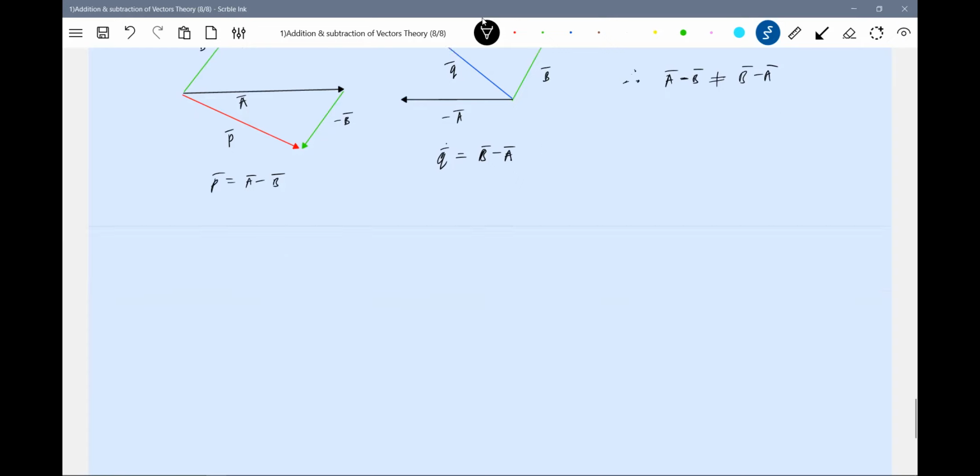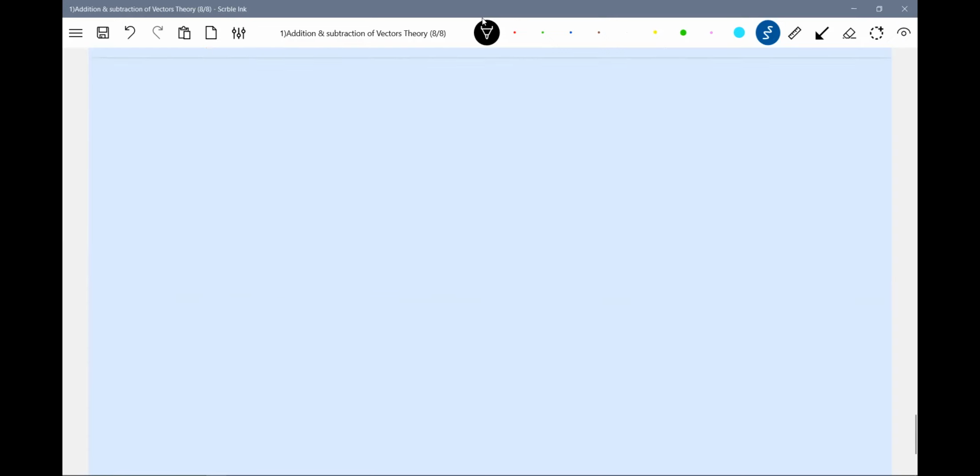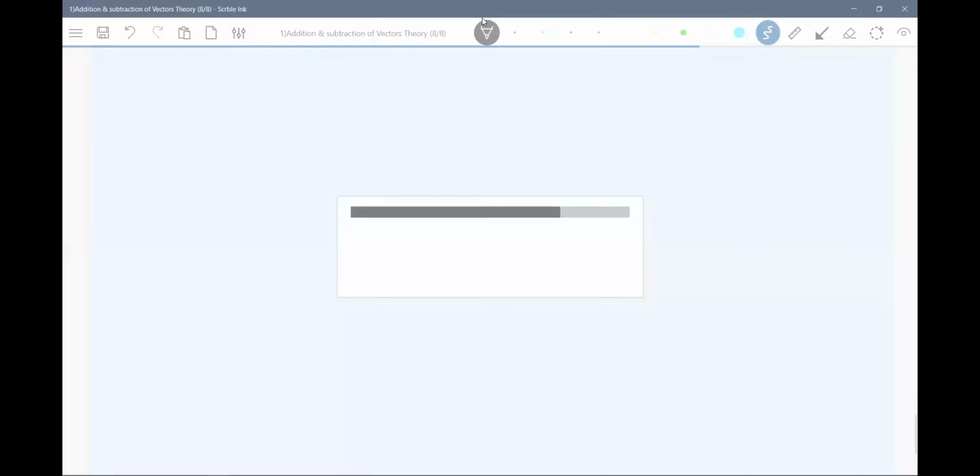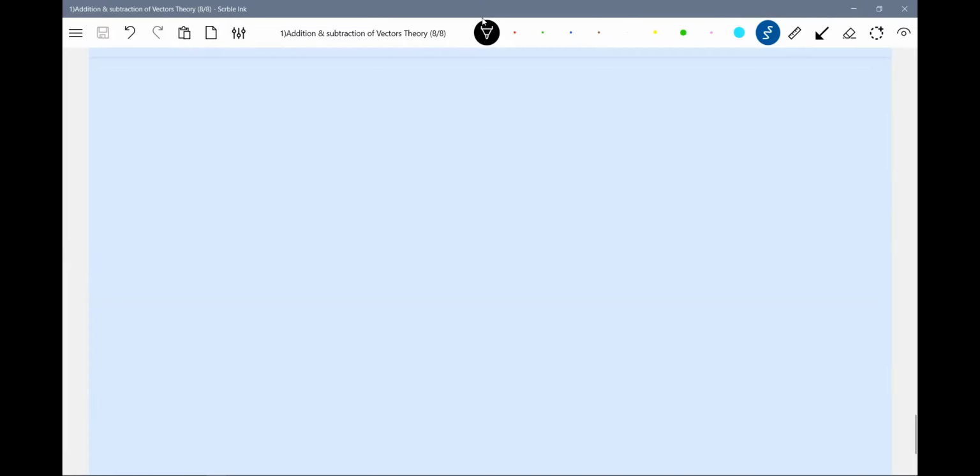And then, can we add and subtract? There are three vectors, A bar plus B bar minus C bar. Yes, we can perform it. There's a vector A bar, a vector B bar, and we have the other vector, say C bar.